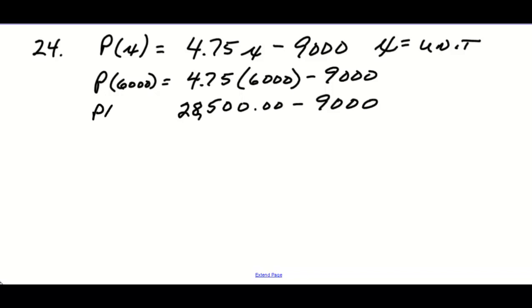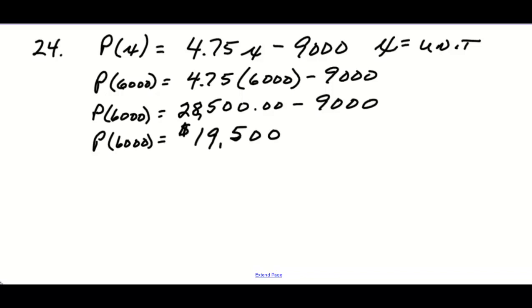So the P of 6,000 equals that. So our P of 6,000, when we do the subtraction, what we come out with is a profit of $19,500.